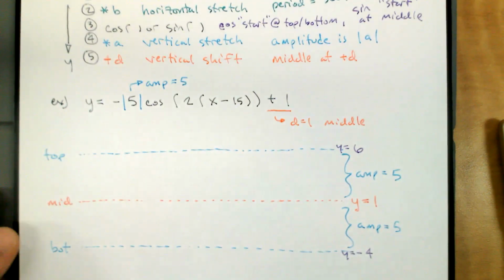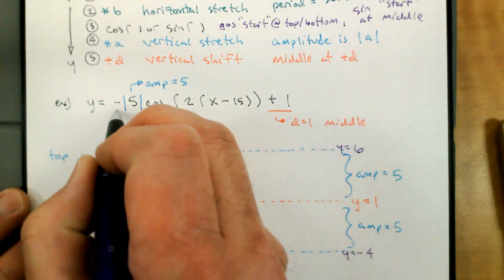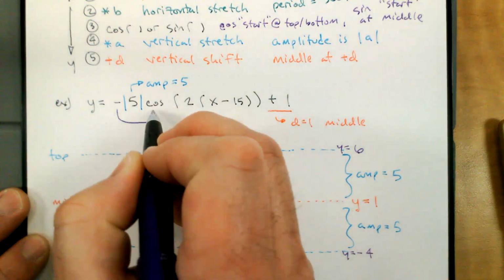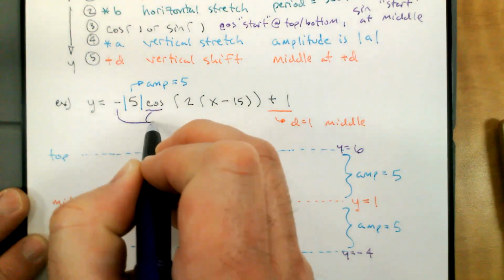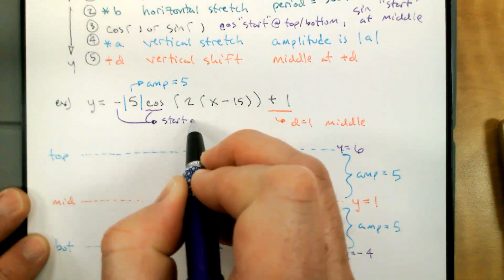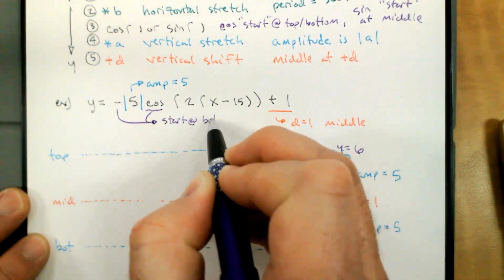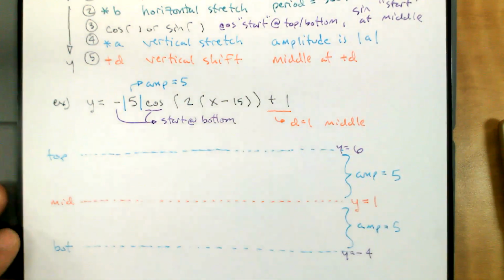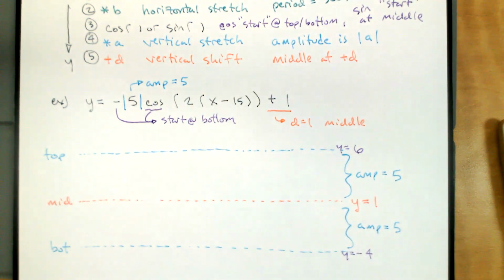So the negative and the cosine tell us to start at the bottom. Cosine starts at the top or the bottom. The negative says choose bottom. That's going to be your start. That's telling us what's going on in the horizontal shift.